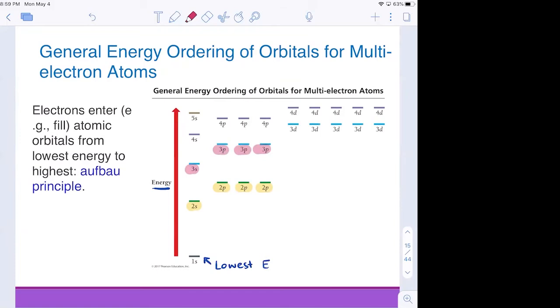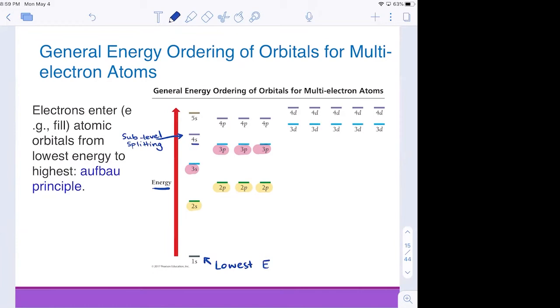But here comes the idea of penetration. There is something called sublevel splitting. And with sublevel splitting, what we get is an uneven order of orbitals.